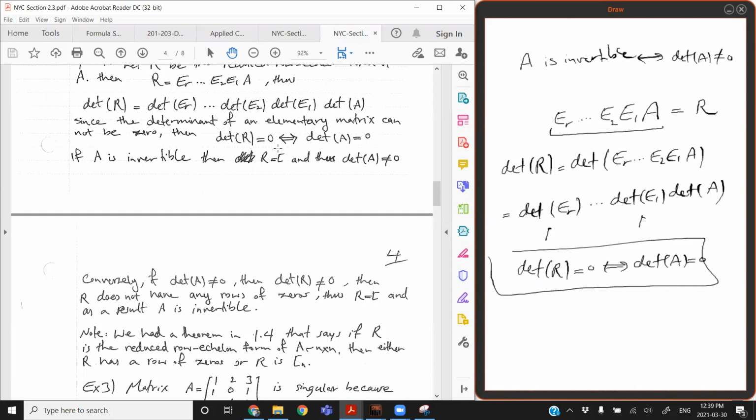So you have n leading ones. If you have n leading ones in the reduced row echelon form of an n by n matrix, that means you have n leading ones, and in each column you also have a leading 1. That would be I. So then the reduced row echelon form of A is I. That means A is invertible. That would be the other way. So we prove that if A is invertible, then determinant is not 0. And if determinant is not 0, then A is invertible.